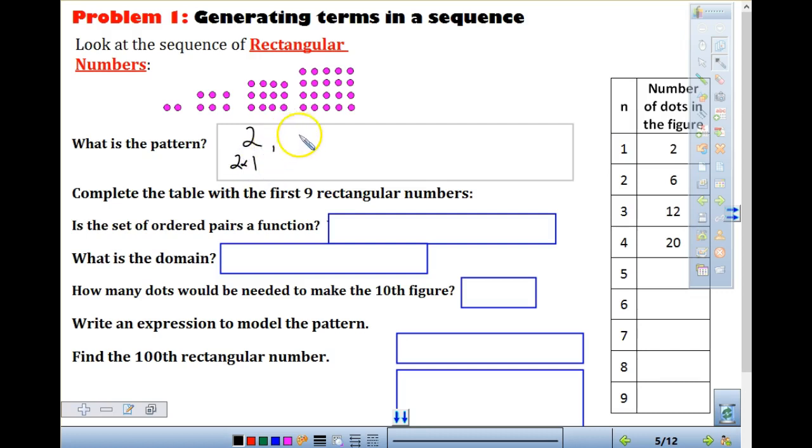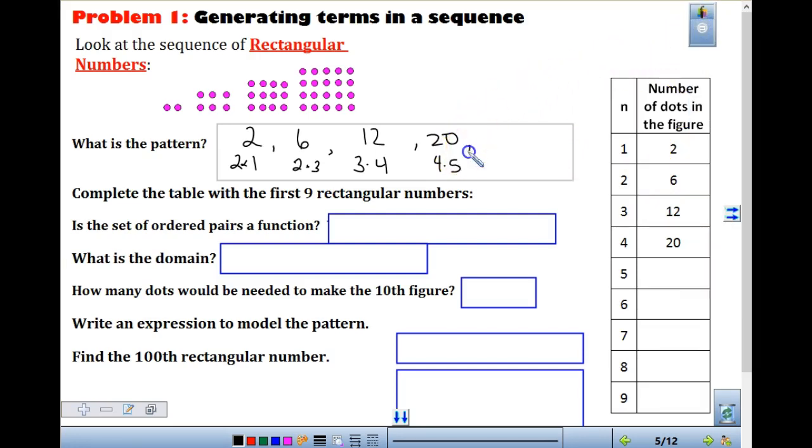Our next number was 6, right? And that is, if we are thinking about it, 2 times 3. Then we had 12. 12 is 3 times 4, right? The next one was 20. 4 times 5. What do you think the next one should be if we were going to keep going?